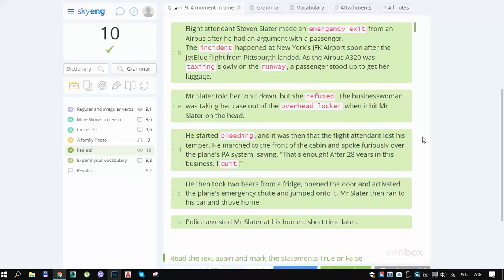After 20 years in this business I quit." Then he took 2 beers from the fridge, opened the doors, activated the plane's emergency slide and jumped onto it. Mr. Slater then ran to his car and drove home. Police arrested Mr. Slater at his home a short time later.